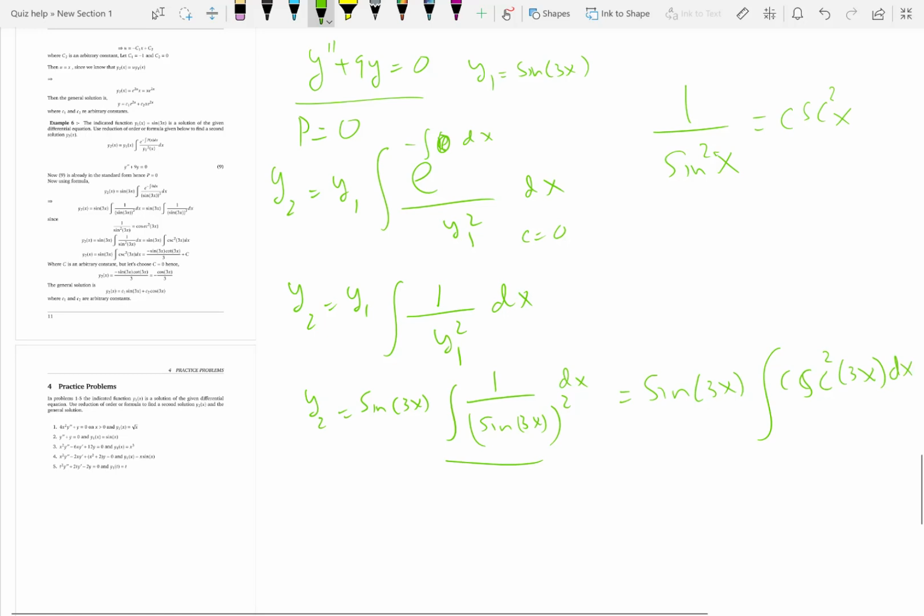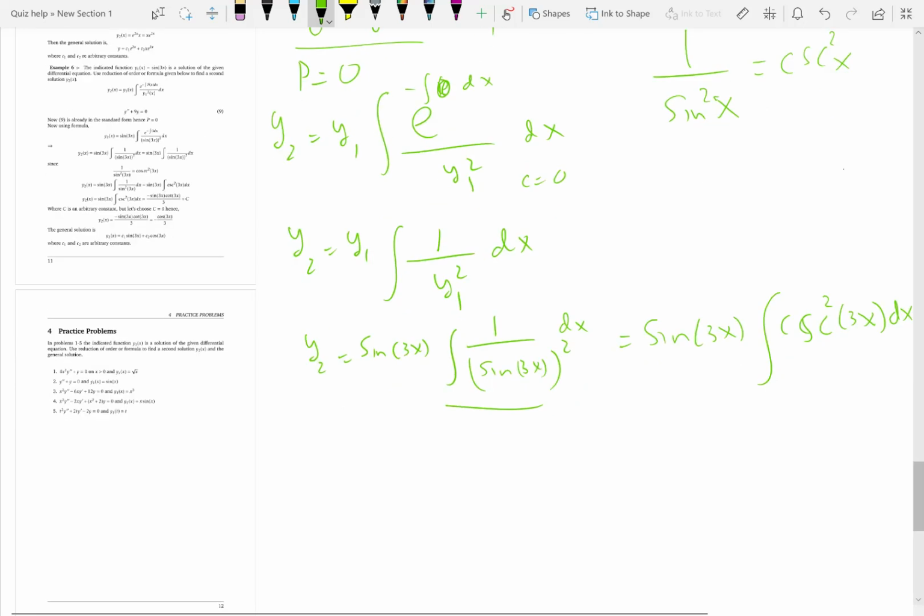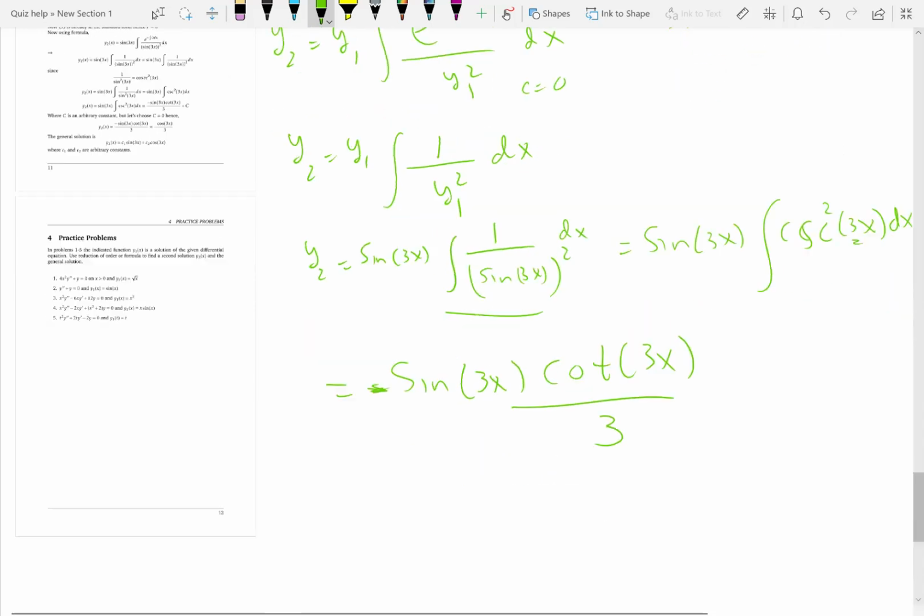So I used a trig identity to convert 1 over sine squared to cosecant squared. So we have to integrate cosecant squared 3x. By the basic integral, the integral of cosecant squared is negative cotangent. So negative cotangent 3x, but we have a 3, so we divide by 3. Okay, so this is what we get, plus c. Let's assume c to be a constant.